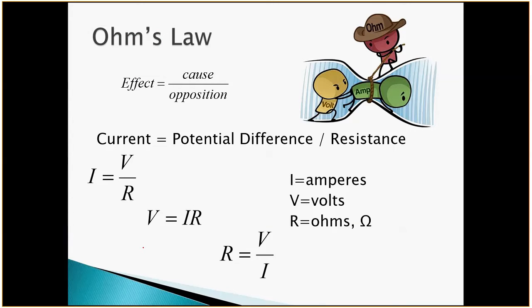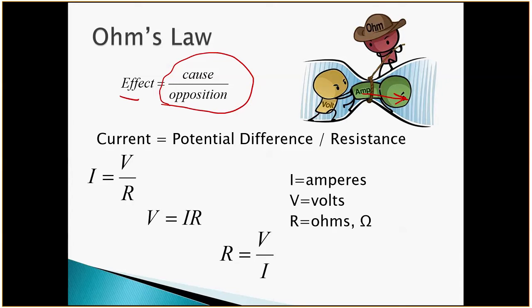So we're going to start out with some basic fundamental properties, and that's called Ohm's law. We have this concept where effect is equal to cause versus opposition. Right here, we have an effect where amps are flowing through this wire, or at least trying to.